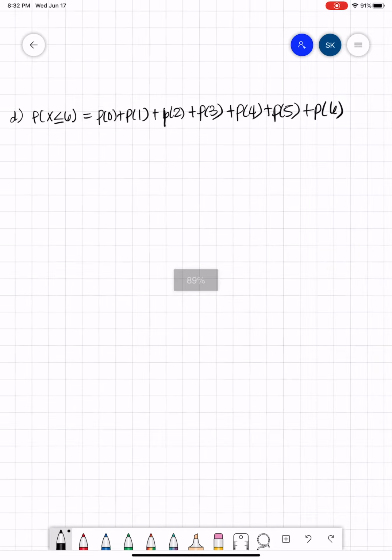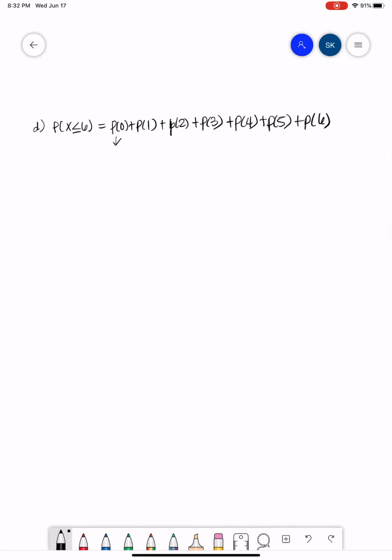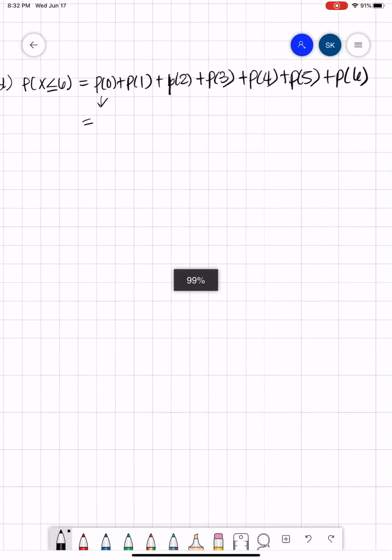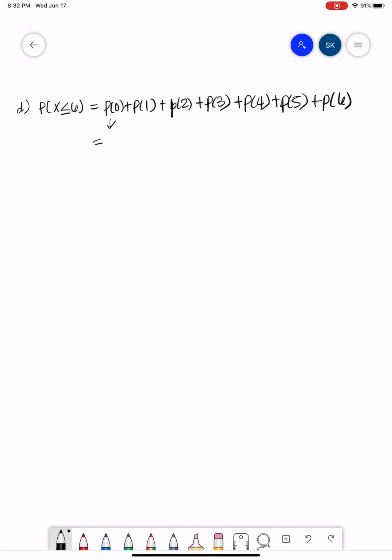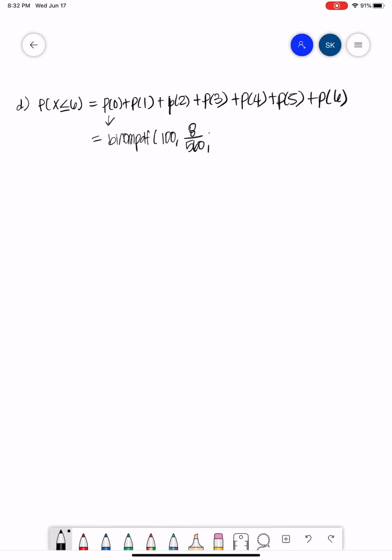I'm not going to write down the whole thing, but for the first one, I have to do binom PDF 6 times. So for the first one, n, p, x: n will be 100, p will be 8 out of 560, and then x will be 0.